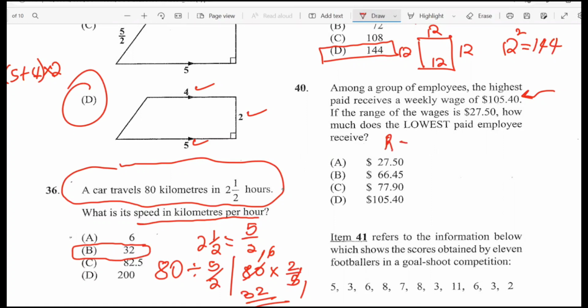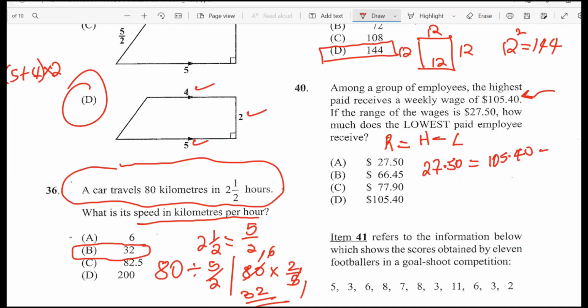Range R for me is equal to H for highest minus L for lowest. This is the idea behind range. Your range, I use R for it, is equal to your highest, I use H, minus your lowest, I use L. So you could see what they're saying here. Simply, the range, which was $27.50, is equal to the highest, which is $105.40.